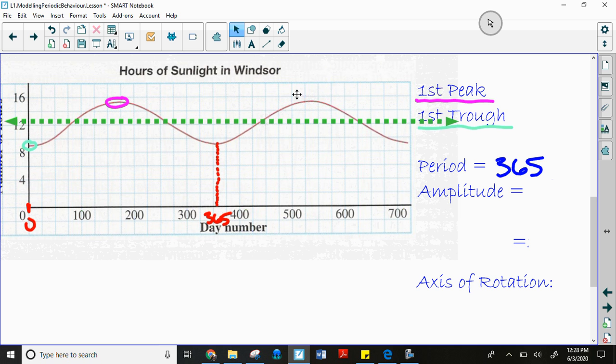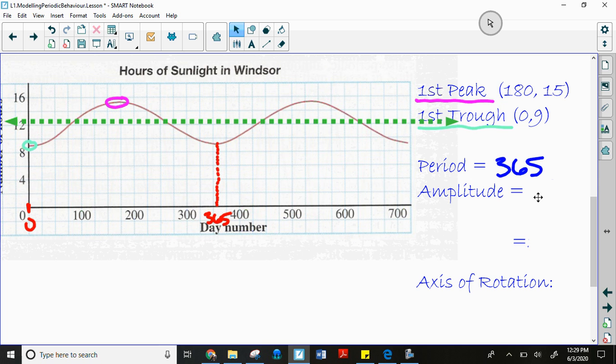How many spaces are between this? There's 1 full space, 2 full spaces, 3 full spaces. So let's go up 1 full space and a half. This is disgusting. I'm going to put my amp line there.